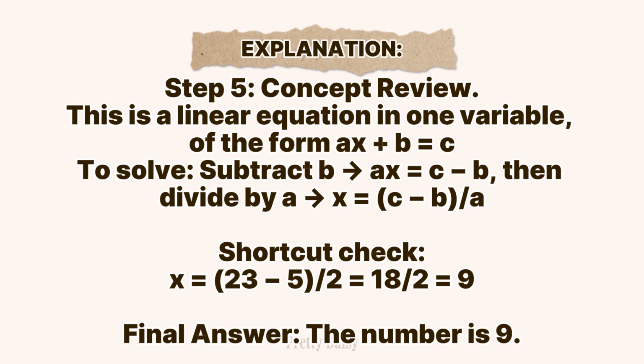Then divide both sides by a to get x equals the quantity c minus b, divided by a. Shortcut check: x equals the quantity 23 minus 5, divided by 2, which equals 18 divided by 2, or 9. Final answer: the number is 9.